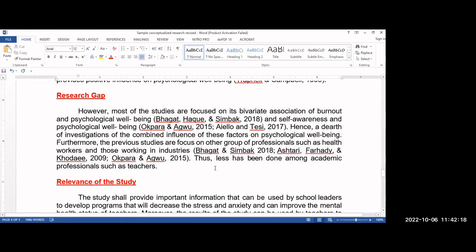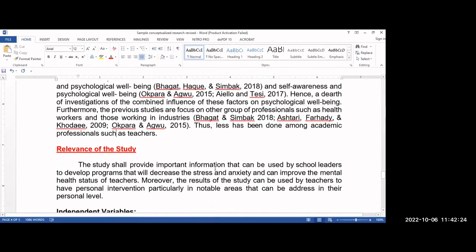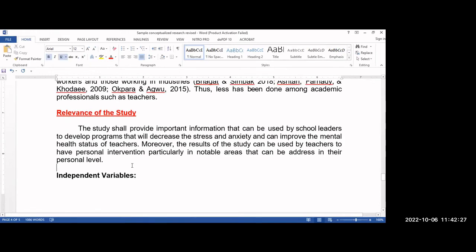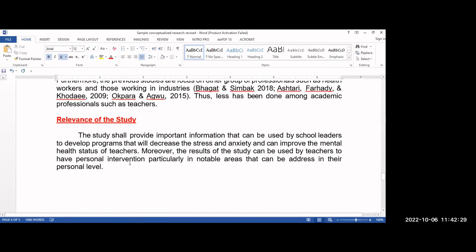Okay, so this is a justification on the uniqueness of your study. And that, the relevance of the study shall provide important information that can be used by school leaders. So there is no author in the relevance of the study, to develop programs that will decrease the stress and anxiety and can improve the mental health status of teachers.